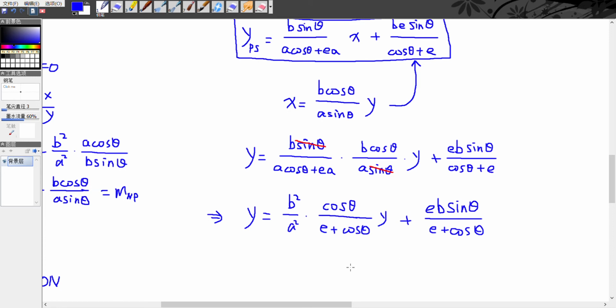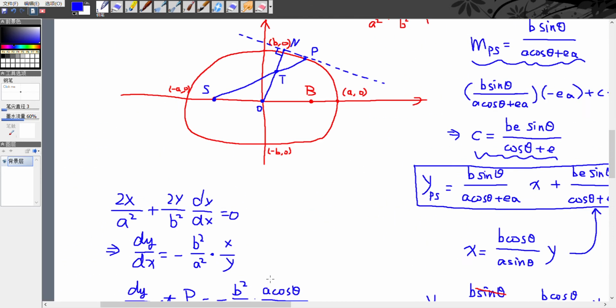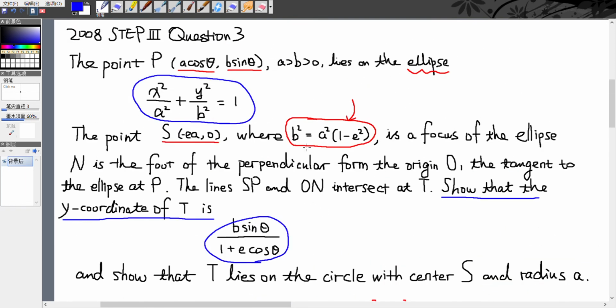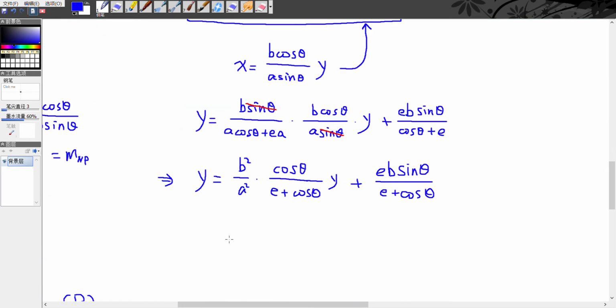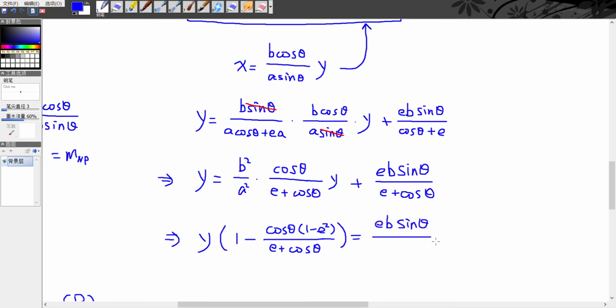And again, from the relation we have here, b squared is equal to a squared times 1 minus e squared. So we will have our equation as y times 1 minus cosine theta over e plus cosine theta times 1 minus e squared is equal to e b sine theta over e plus cosine theta.